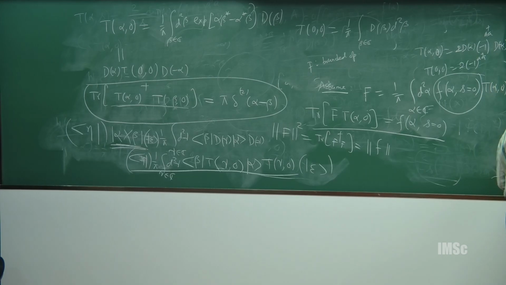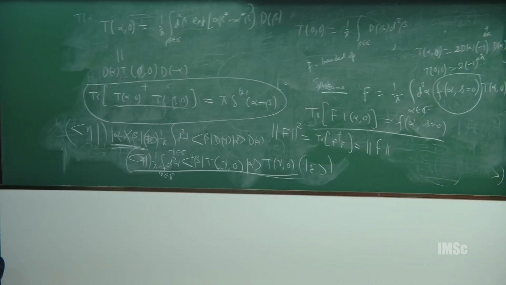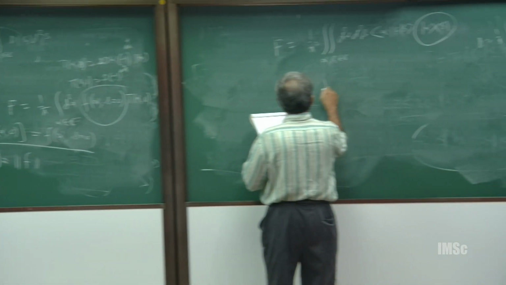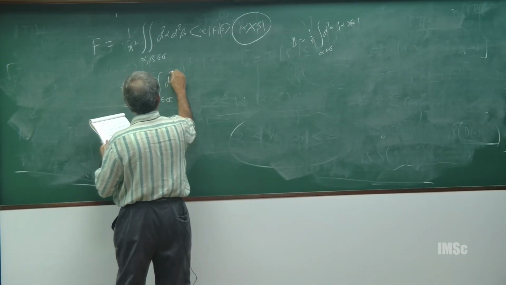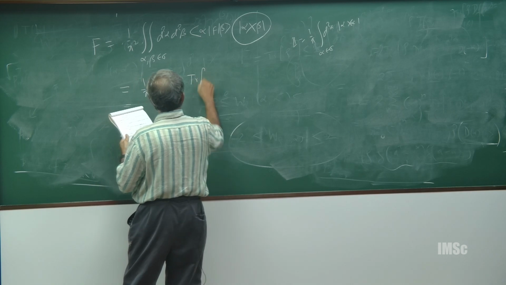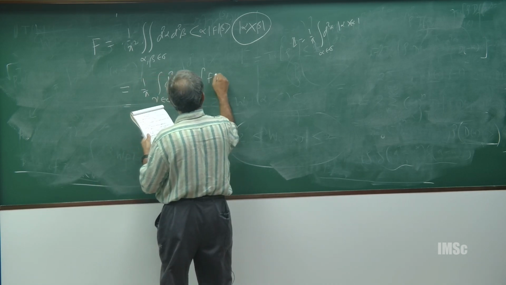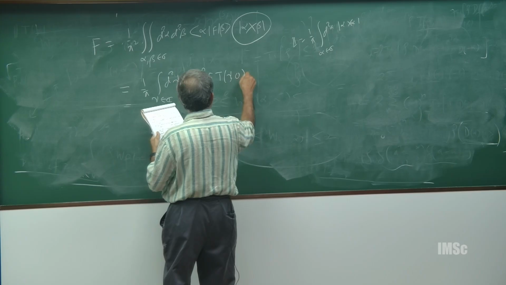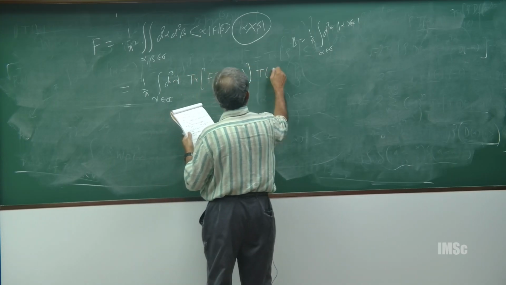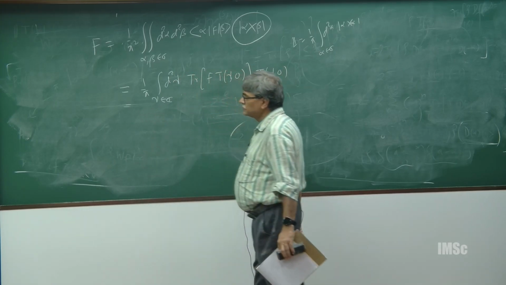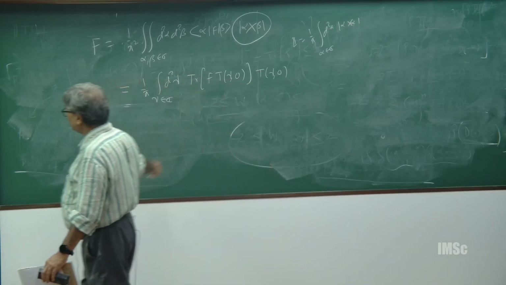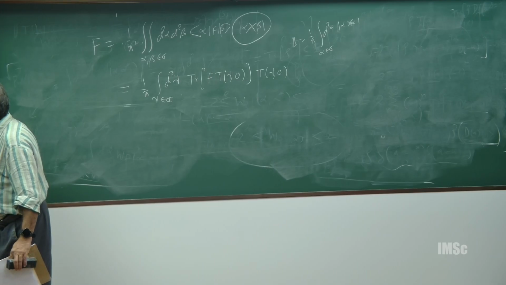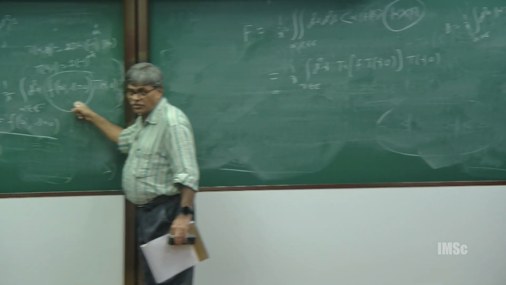So, basically what you will get is the following. You will get 1 upon pi, integral over gamma belonging to C, d square gamma, trace of F T(gamma, 0) times T(gamma, 0). Okay. Now, look at here, this is what you wanted to prove, right?